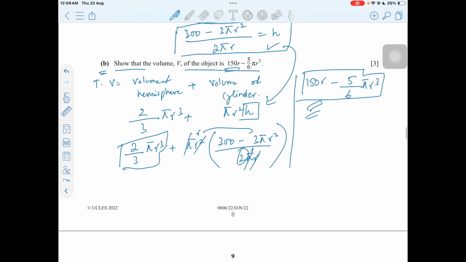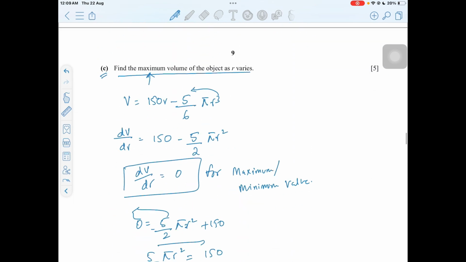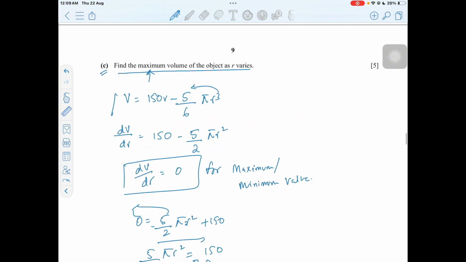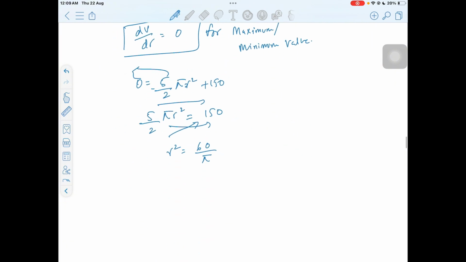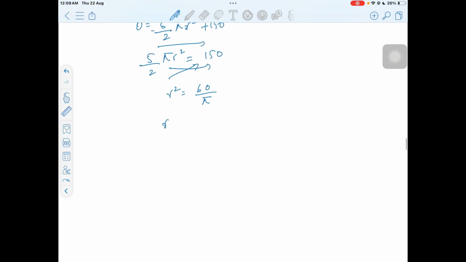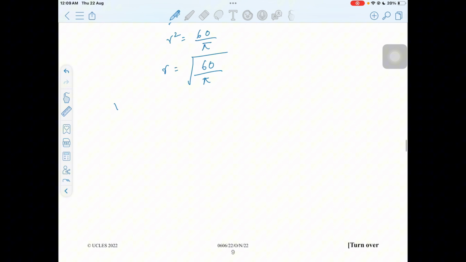Now we need to plug in this equation. So r is basically the square root of 60 upon pi, right? We'll plug in this r in the original volume equation, that was 150r minus 5 upon 6 pi r cubed.